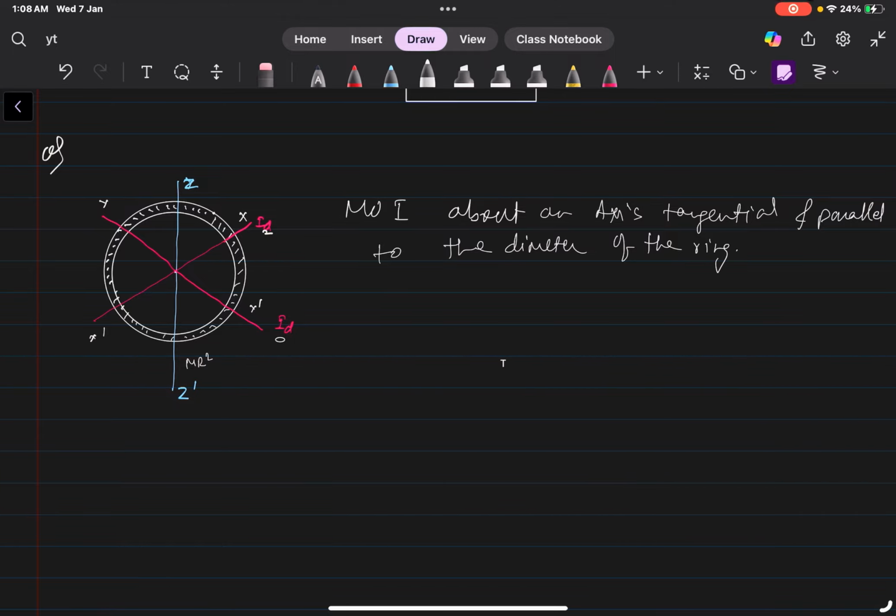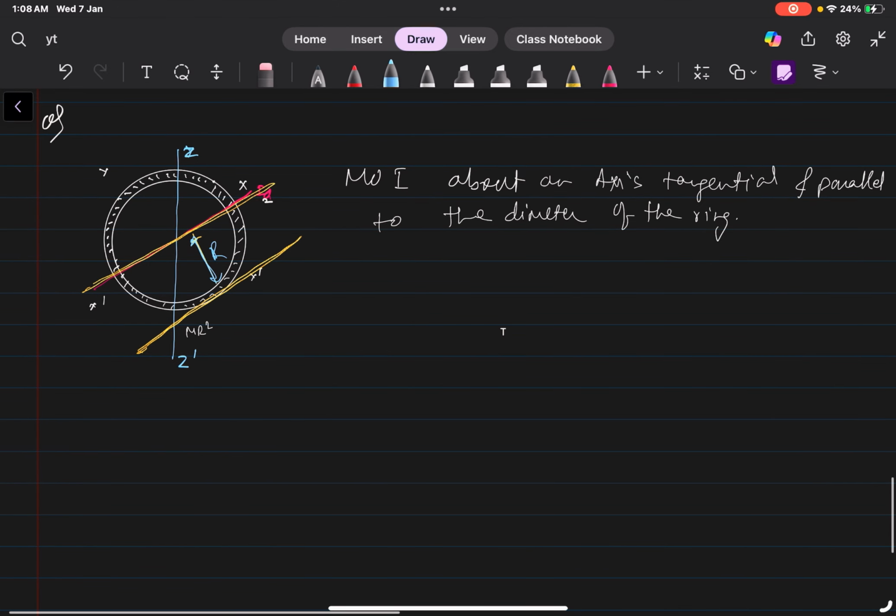Suppose this is one of the diameters, and there is a parallel line. This is the ring, and I am removing the further part. This is the ring, and this is the radius of the ring, that is r.